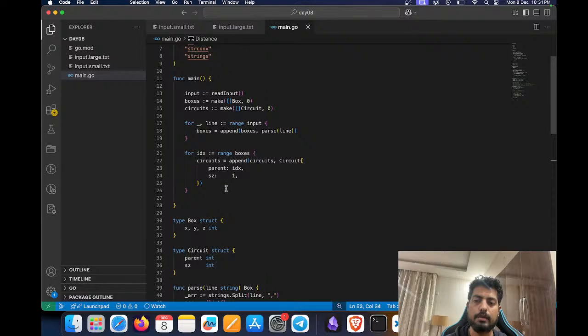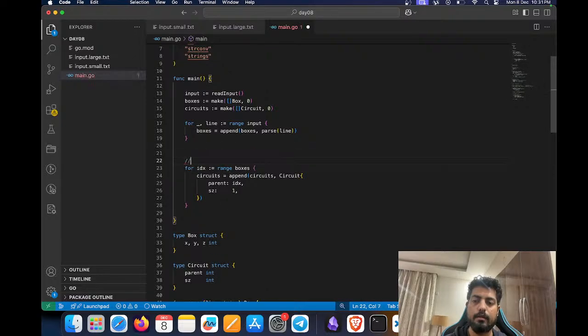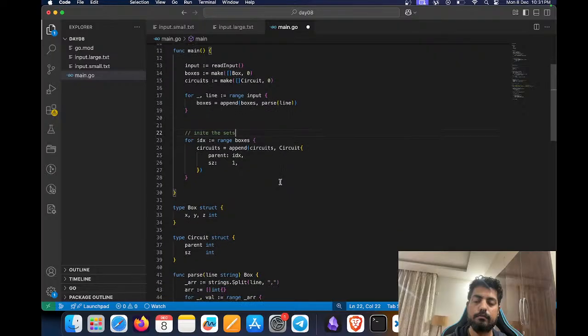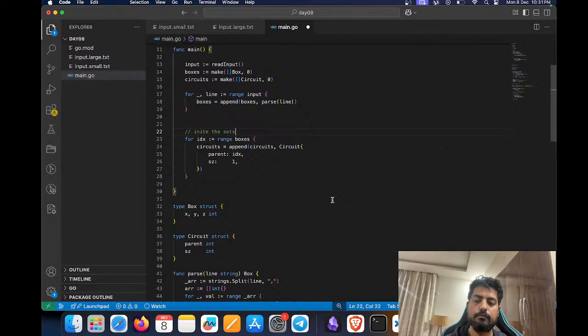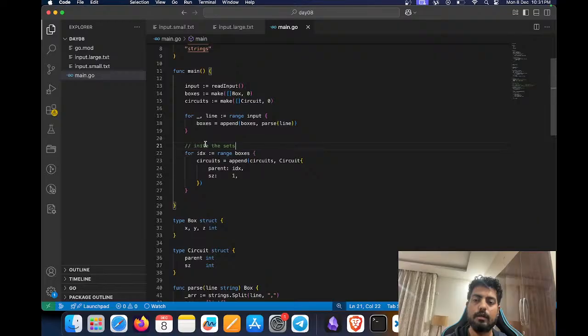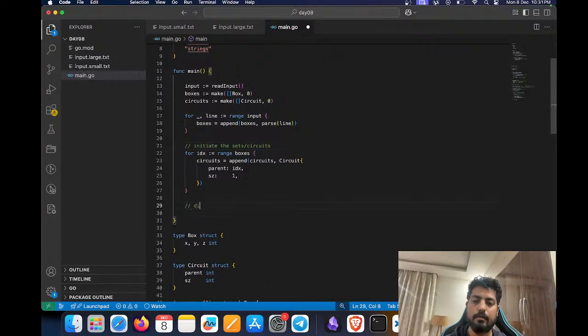So we have the boxes. Initiate the sets or the circuits, and then find the distances between the boxes.